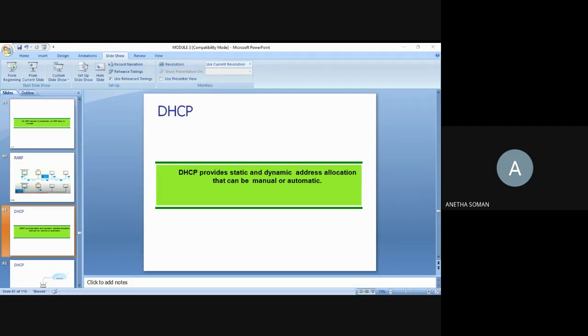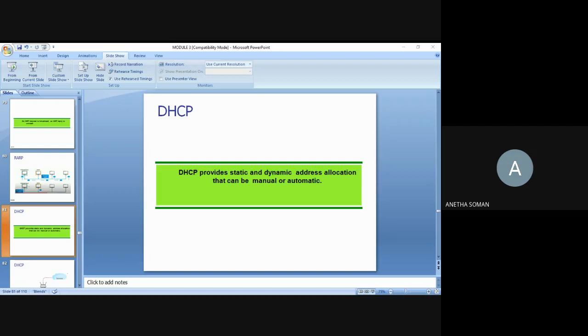So there are two ways a computer can be assigned an IP address, called static or dynamic. Now, what is a static IP address?